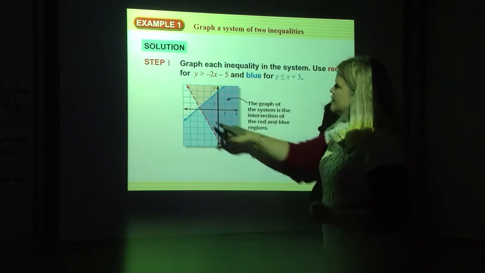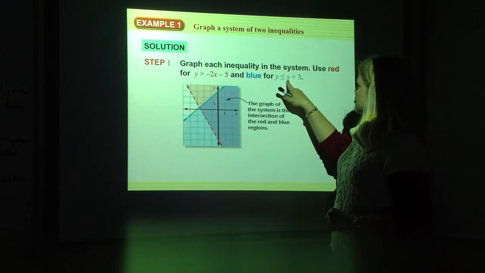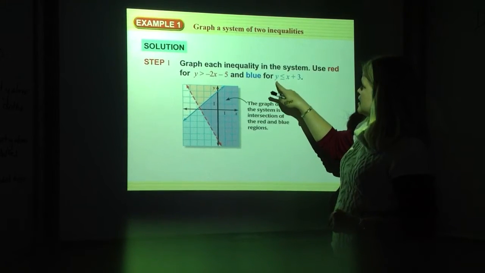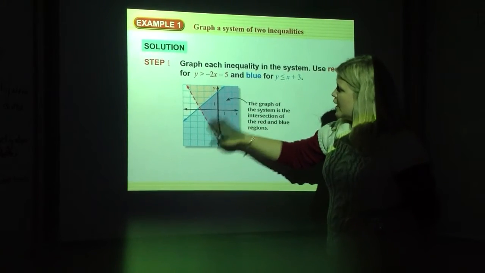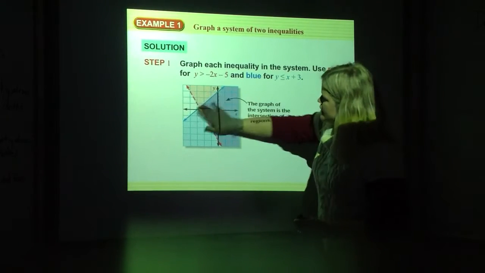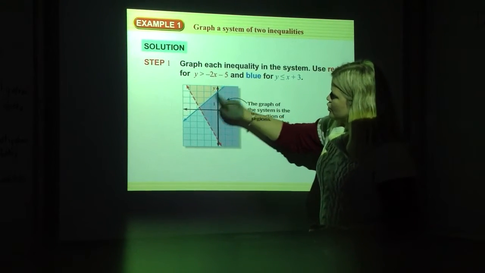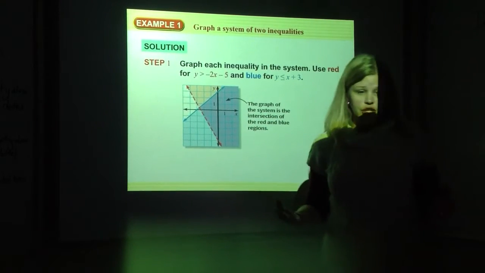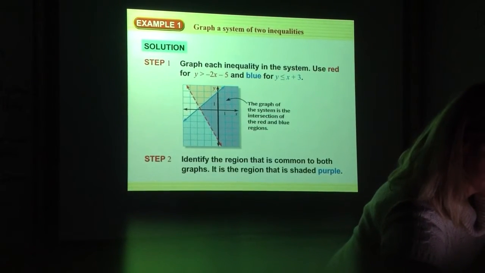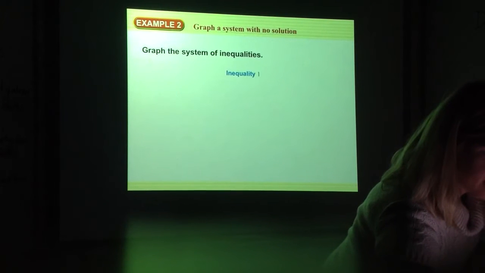If we check 0, we're going to say 0 plus 3, that's 3. Is 0 less than or equal to 3? It is. So we shade below. Now, this part and this part cross right in here, so that's your solution. Okay? Let's look a little more at another one.